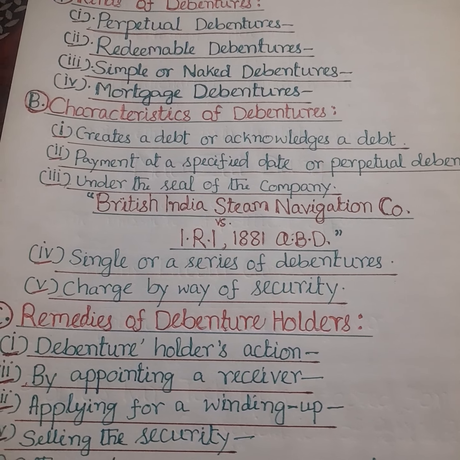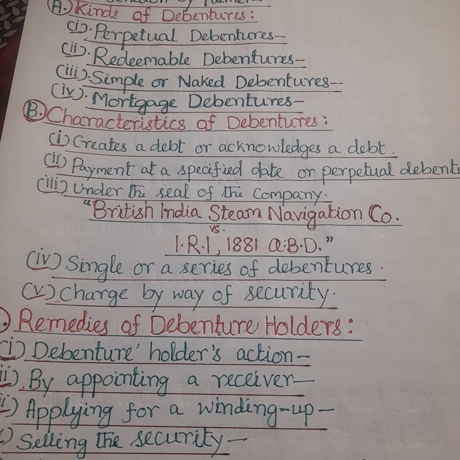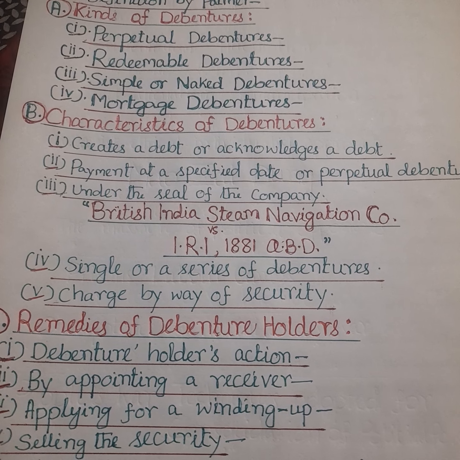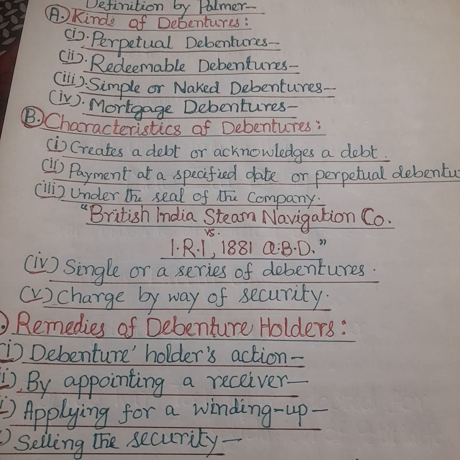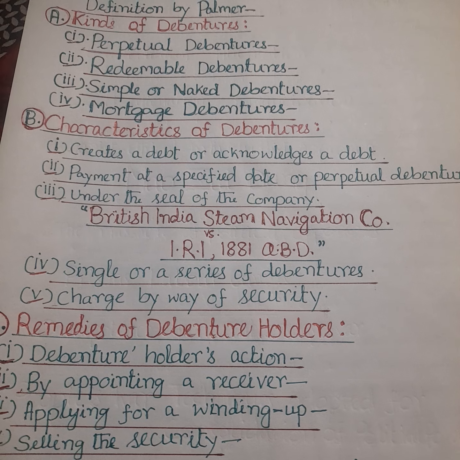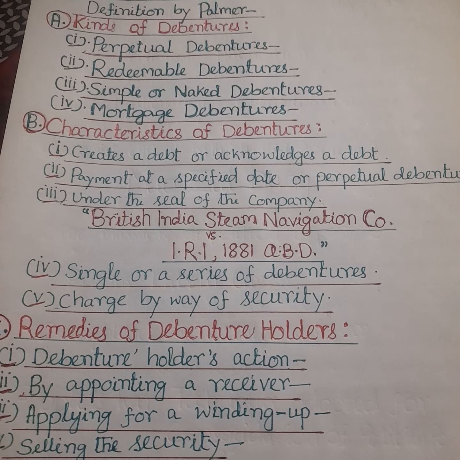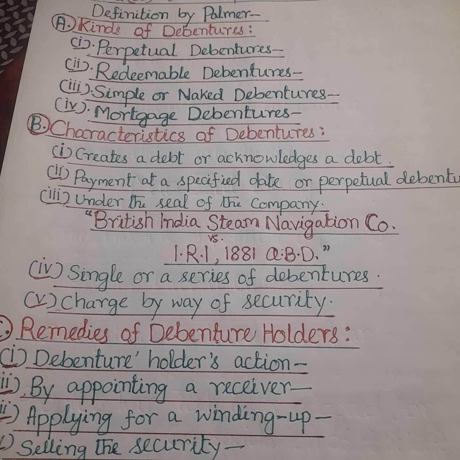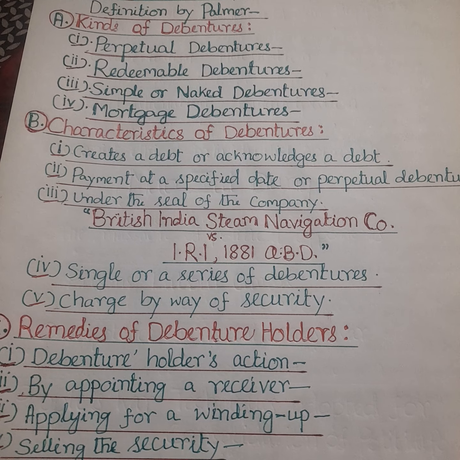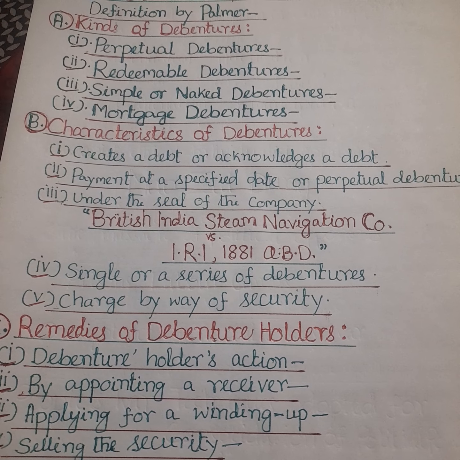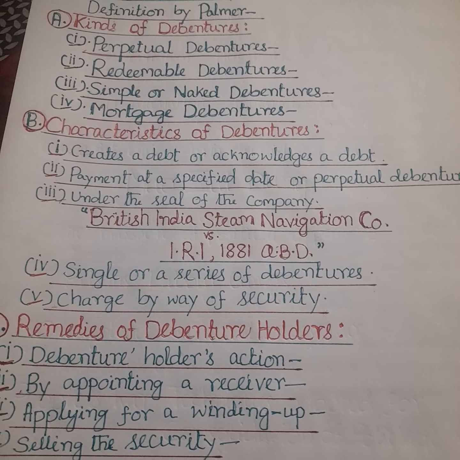It was held that where a certificate was signed by two directors of the company but did not bear the seal of the company, it was held to be a debenture. Now we'll go to the fourth characteristic: there may be a single debenture or a series of debentures issued to an individual by the company.